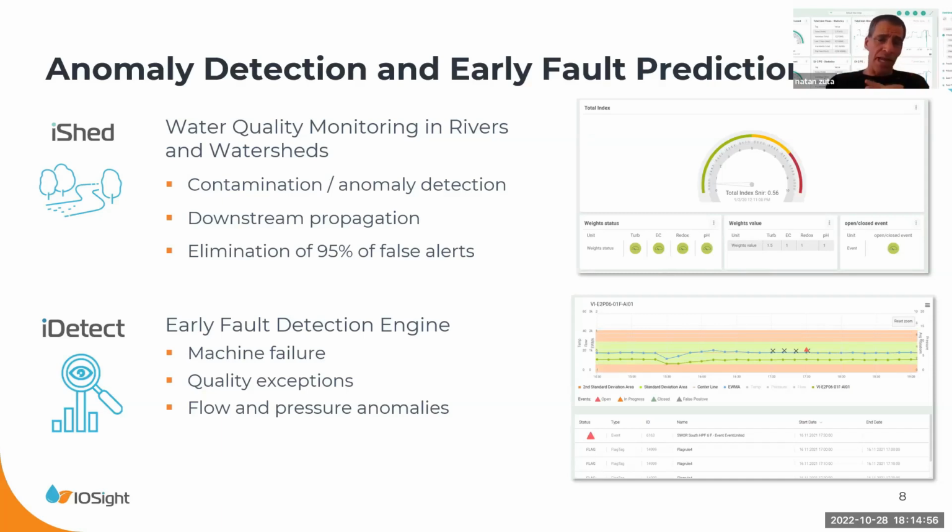So the algorithm eliminates those, and once we are sure that we have a contamination event, we calculate the downstream propagation, meaning the speed of travel, so we can indicate how much time it will pass till the contamination will reach the next station or the next point.